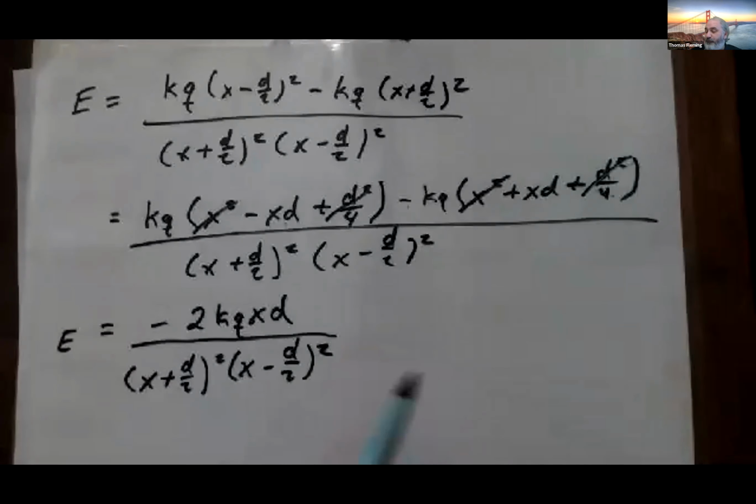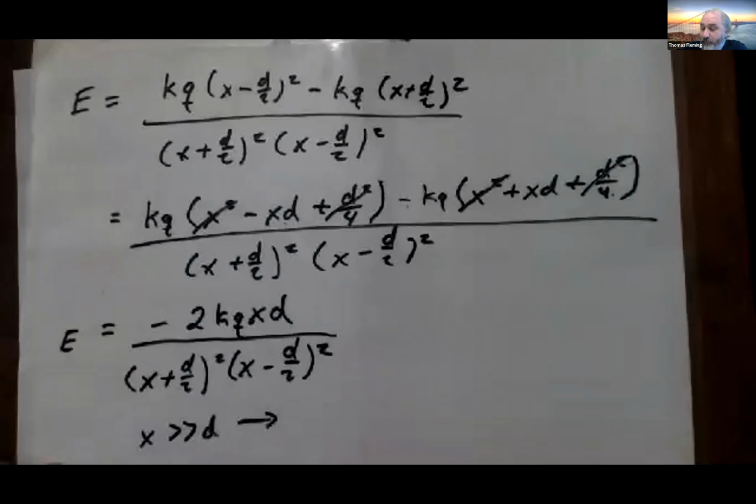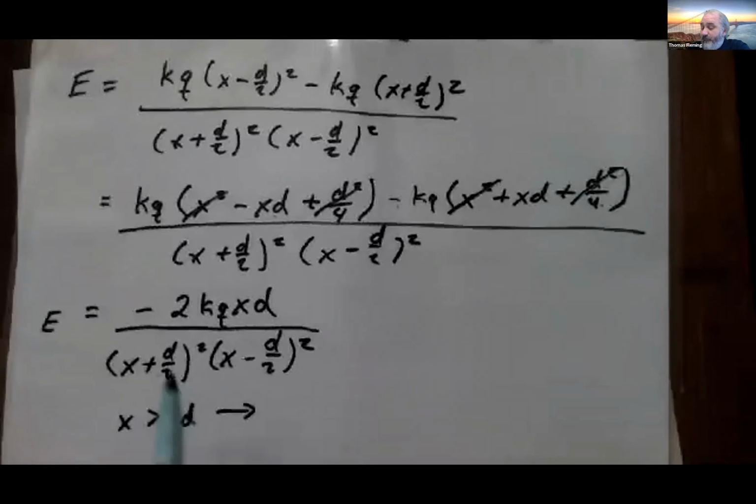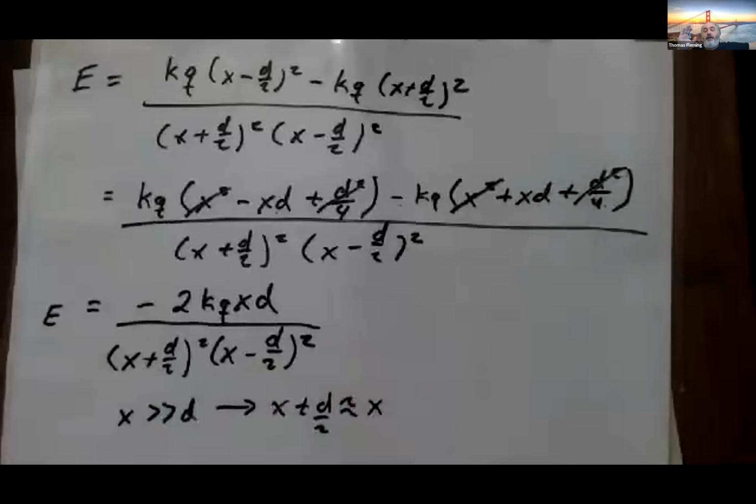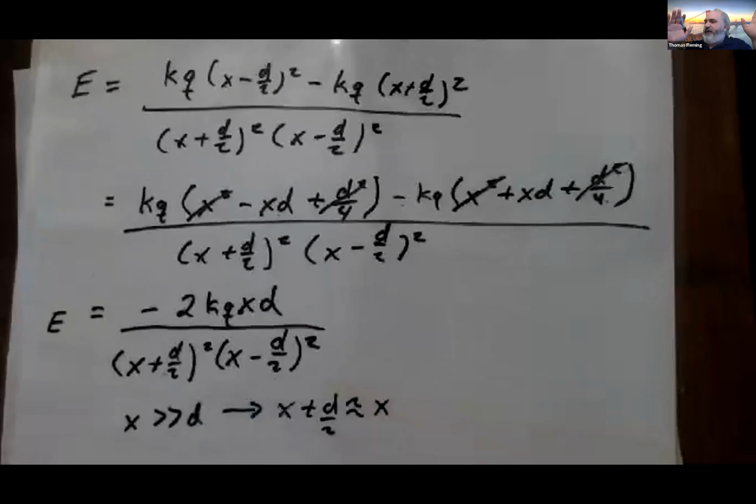If x is much, much larger than d, then x plus a super tiny difference is still approximately the same as x. If I have a million zillion plus 1, it's still basically a million zillion. The same goes for x minus d over 2. A million zillion minus 1 is still basically a million zillion.